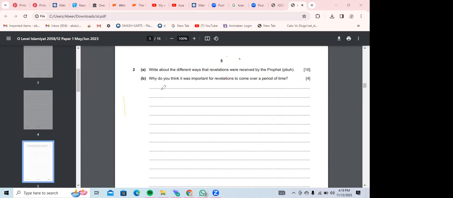Sometimes in part B you have to think by yourself and make your mind very sharp: how is this helping us nowadays, how can this teaching help us? Is it clear?